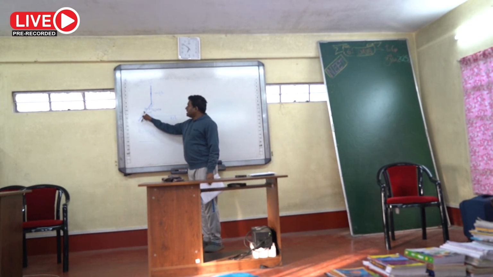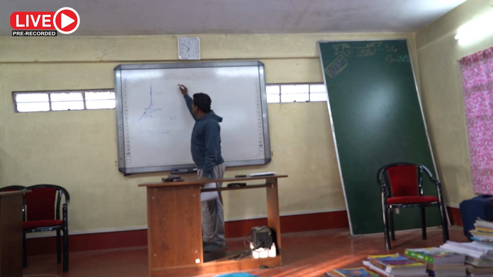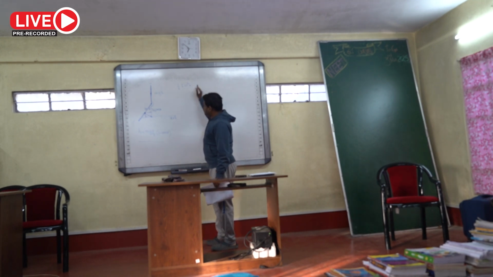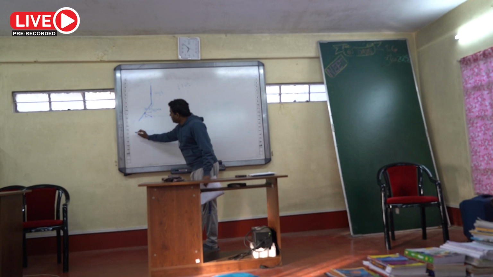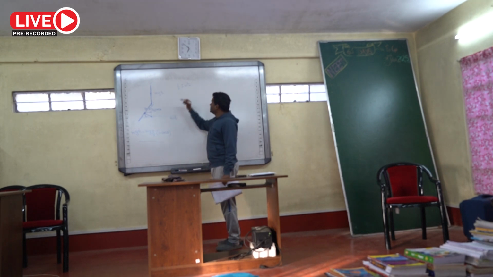Now, let us consider that at this point it has an angular speed omega. Then it has some kinetic energy. Kinetic energy is half I omega square, plus the potential energy at this point, that is mgh, the entire potential energy at this point.